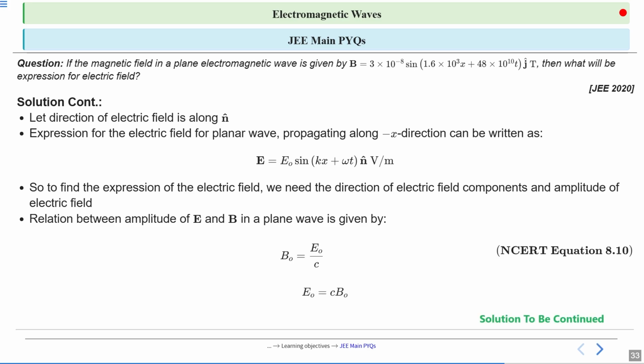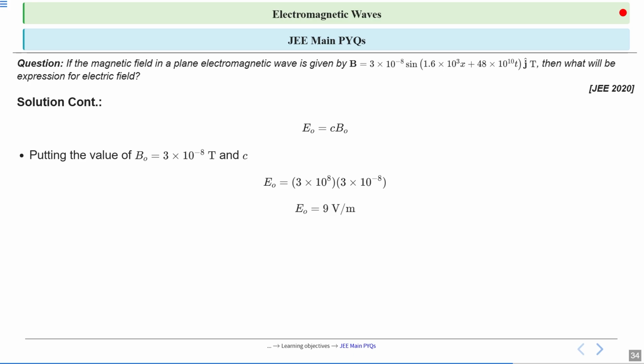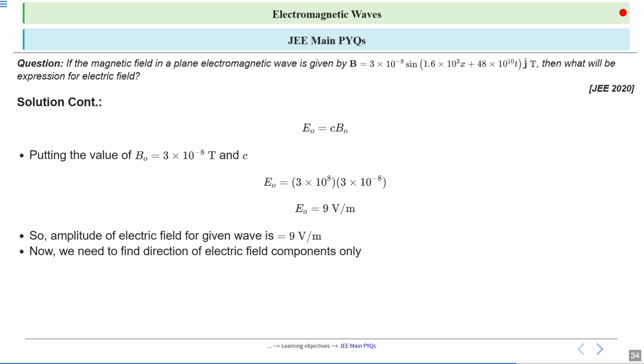So we'll find the peak value of electric field, which is equal to C B naught. Putting the value of B naught and C, E naught will be equal to 3 into 10 to the power 8 into 3 into 10 to the power minus 8. So E naught will be equal to 9 volt per meter. So amplitude of electric field for a given wave is 9 volt per meter. Now we need to find the direction of electric field components only.